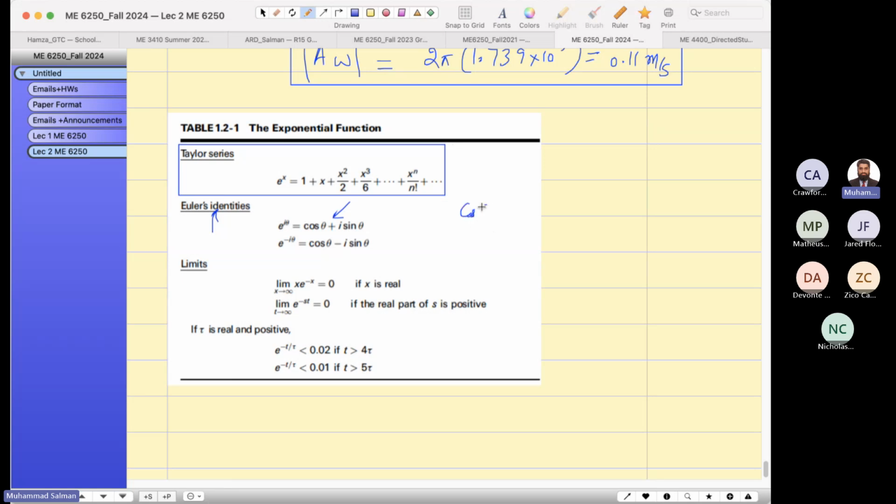Cosine theta can be written as 1 minus theta square over 2 factorial plus theta to the 4 over 4 factorial minus. And sine theta is theta minus theta cube over 3 factorial plus theta to the 5 over 5 factorial.